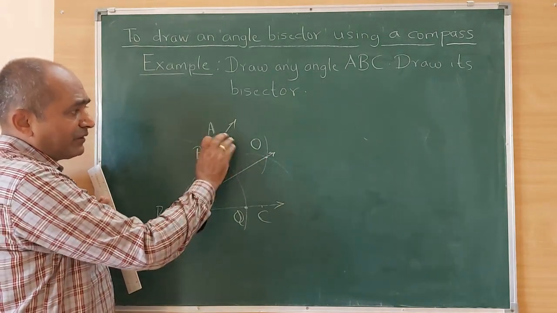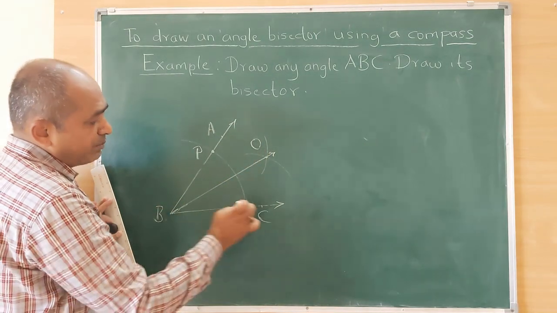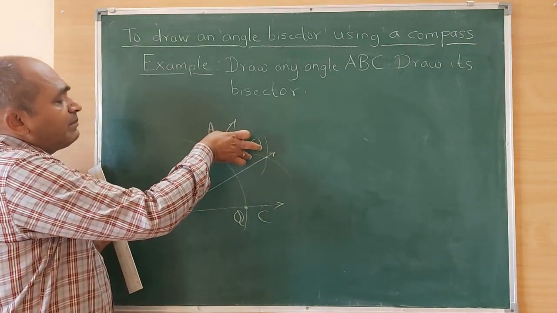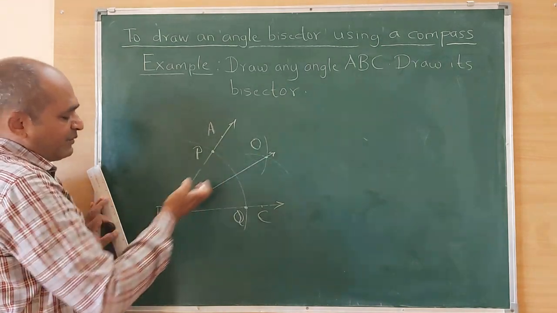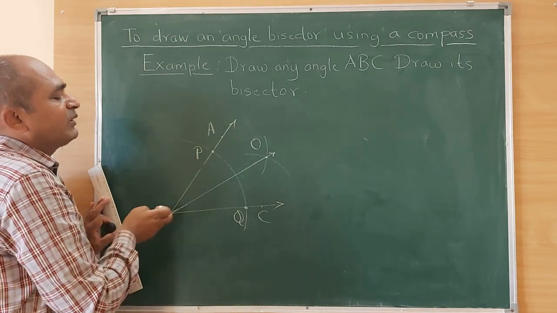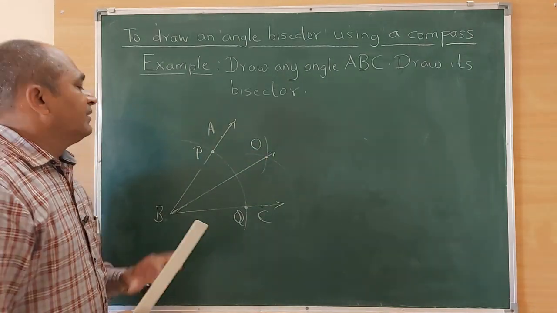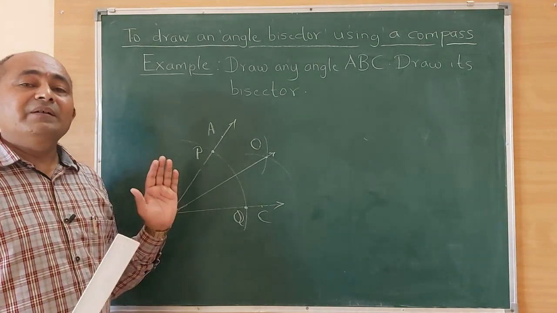Means two angles I got now, angle ABO and angle OBC. So what will be the measure of angle ABO? Yes, 25 degrees, and OBC 25 degrees, because this bisector always divides an angle into two equal or congruent parts.